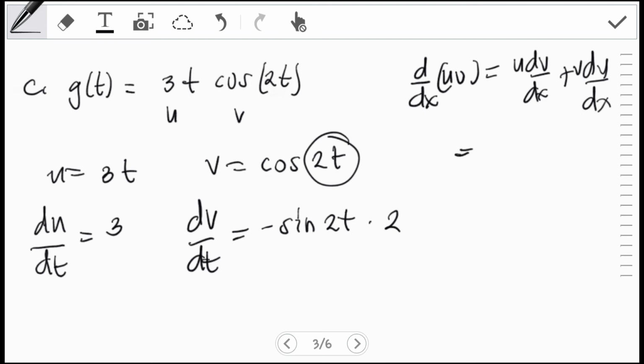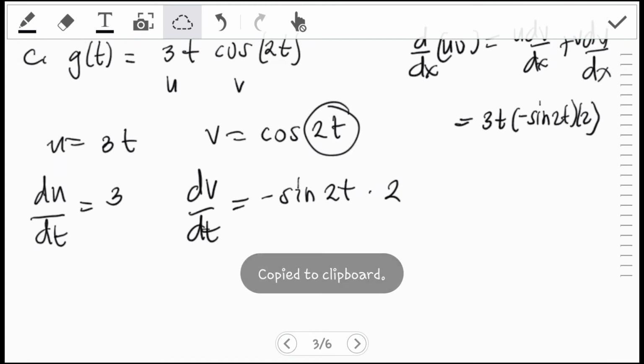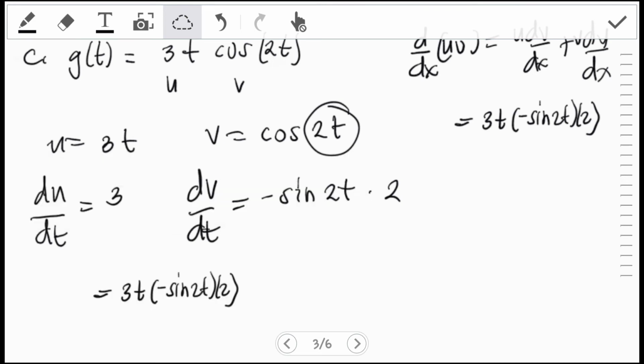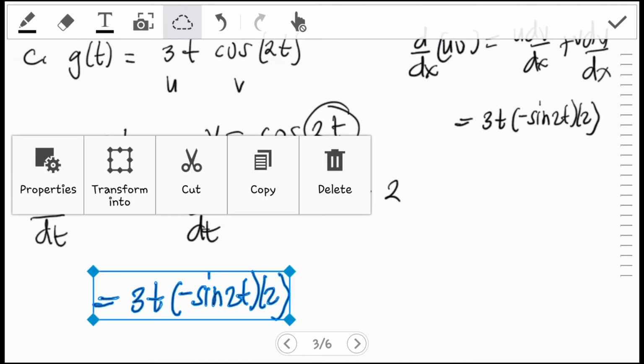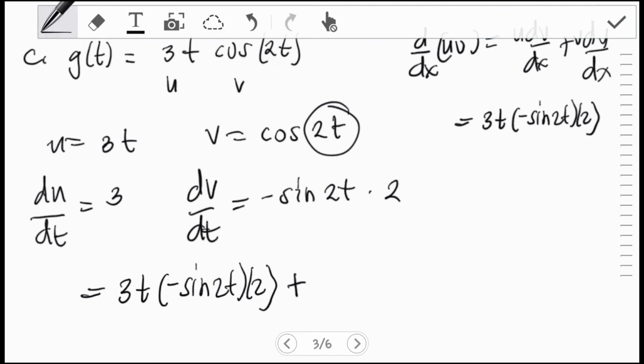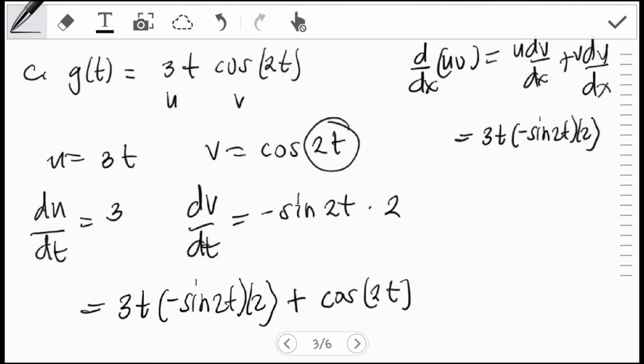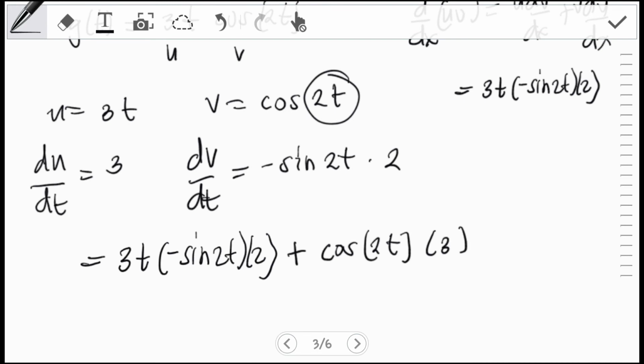So where u here is 3t, then dv over dt here is negative sine 2t times 2, plus v, which is cosine 2t, and then du over dt, that is 3, times 3.